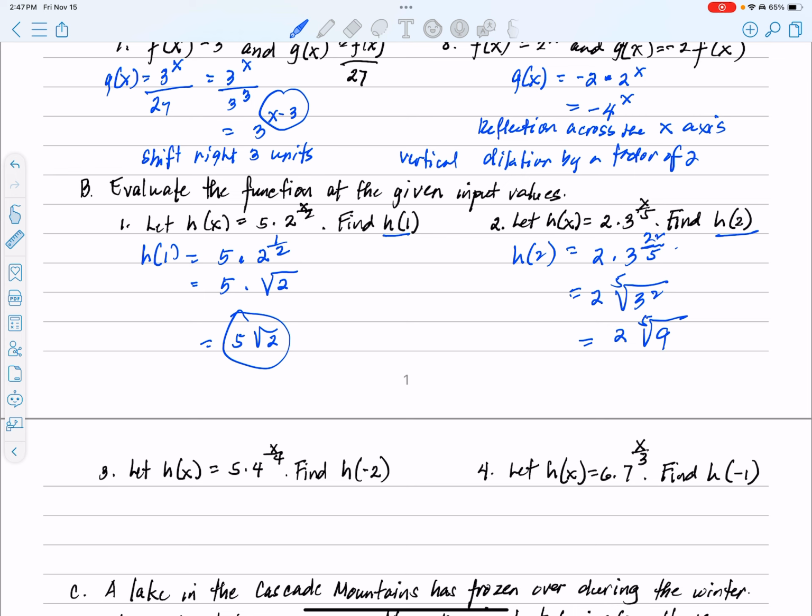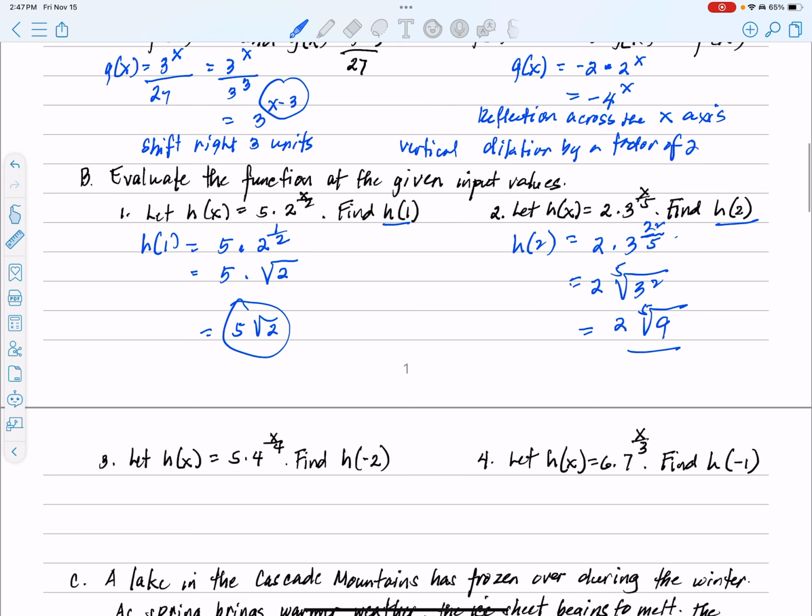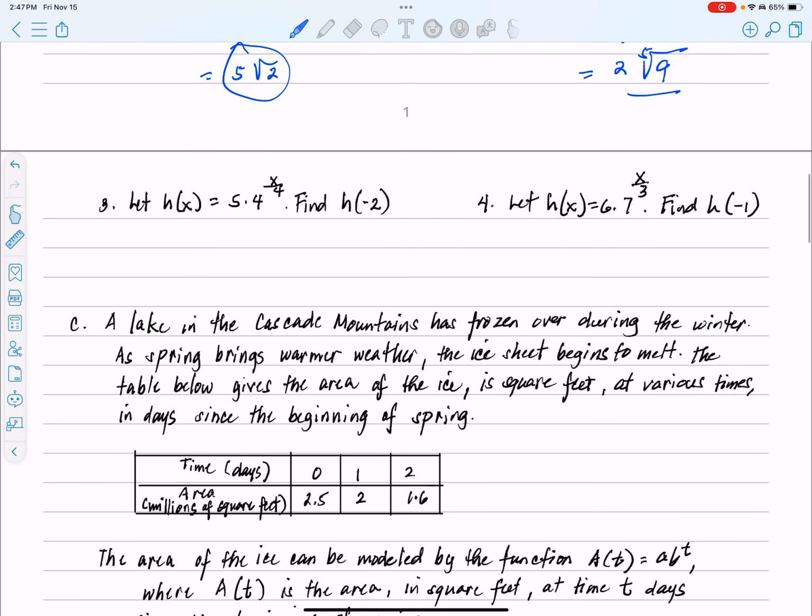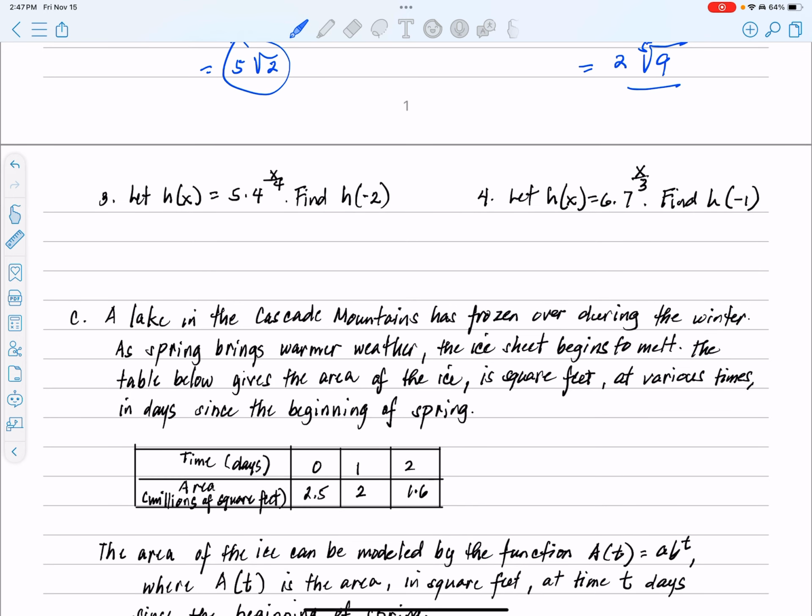Okay, got it. h of x equals 5 times 4 to the power of x over 4. Find h of negative 2. So that would be 5 times 4 to the negative 2 over 4. Okay, unit fraction and negative exponent. So we're going to rewrite that. Make the exponent positive by flipping, get the reciprocal.